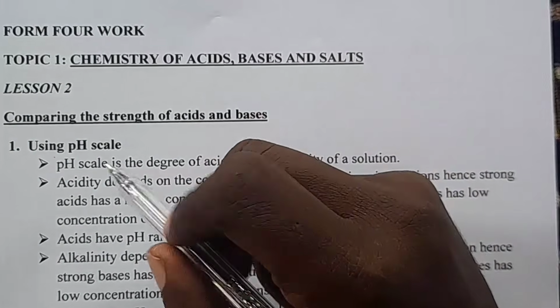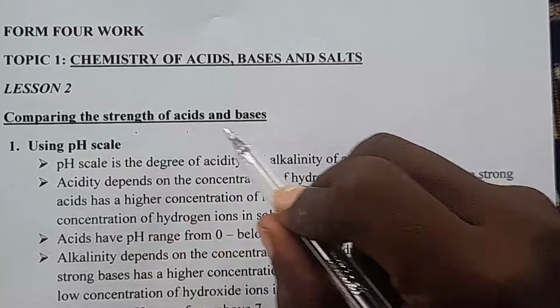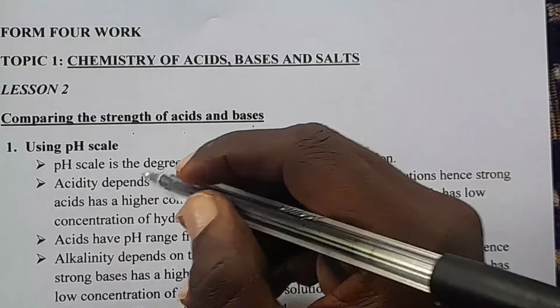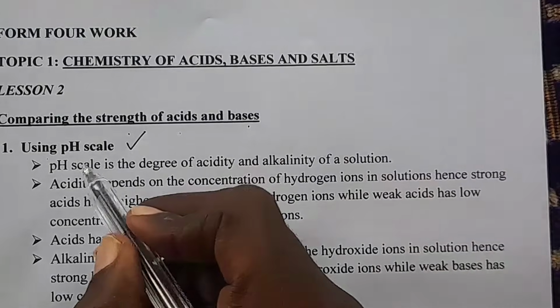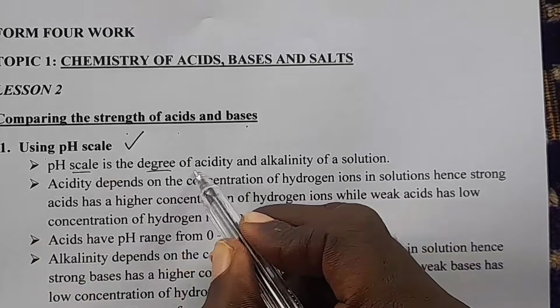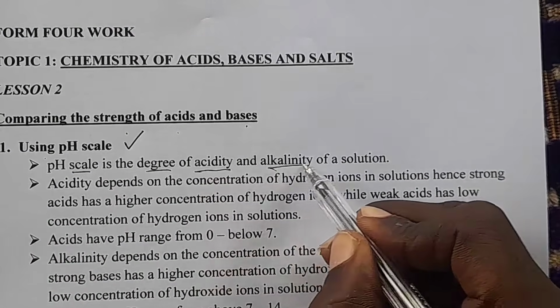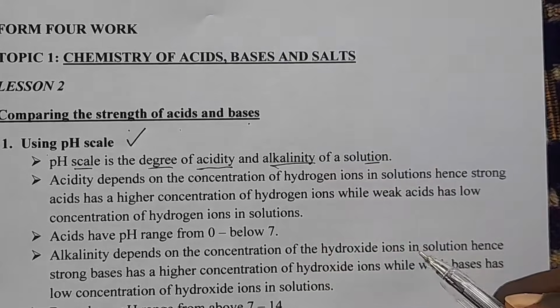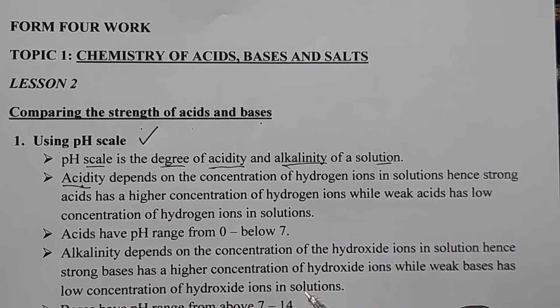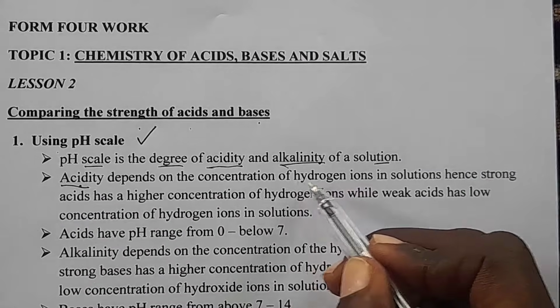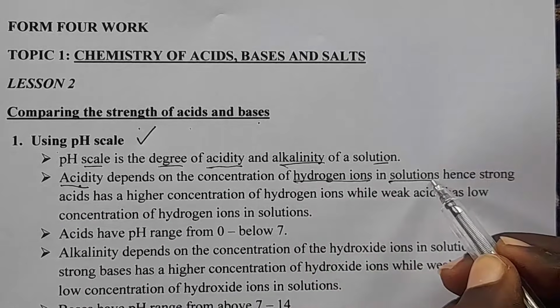Today, we are going to compare again the strength of acids and bases using the pH scale. What is the pH scale? The pH scale is the degree of acidity and alkalinity of a solution. If we start with acidity, acidity depends on the concentration of hydrogen ions in the solution.